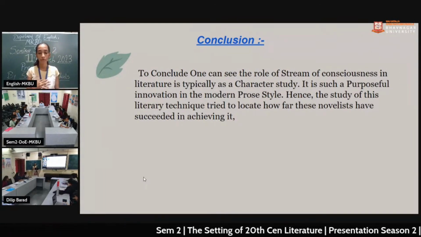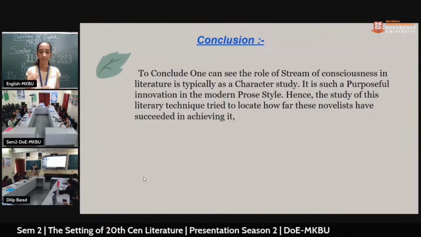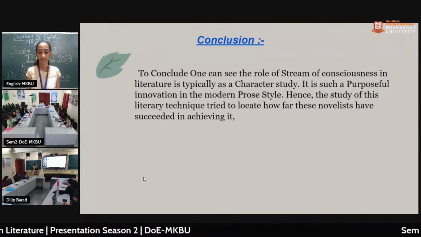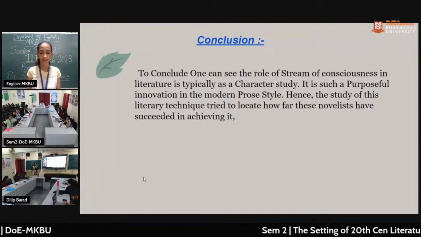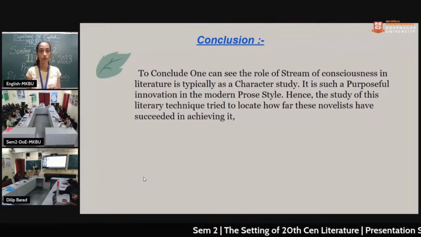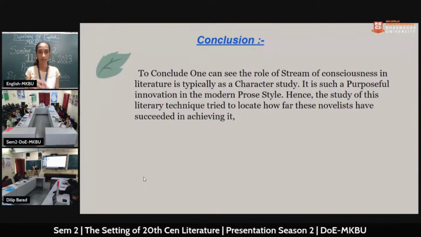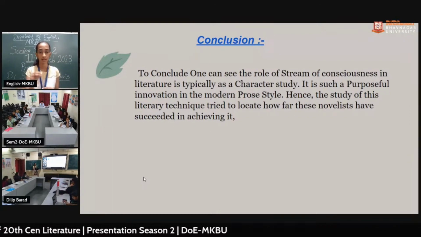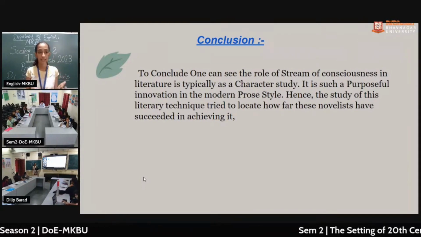So the stream of consciousness is a study about a character and his or her thoughts. And from the perspective of modern writers, we can consider three major writers who used this term in their works: Virginia Woolf, James Joyce, and William Faulkner.